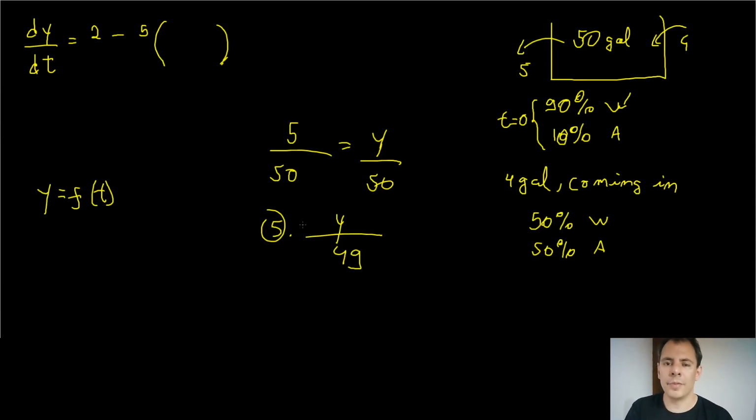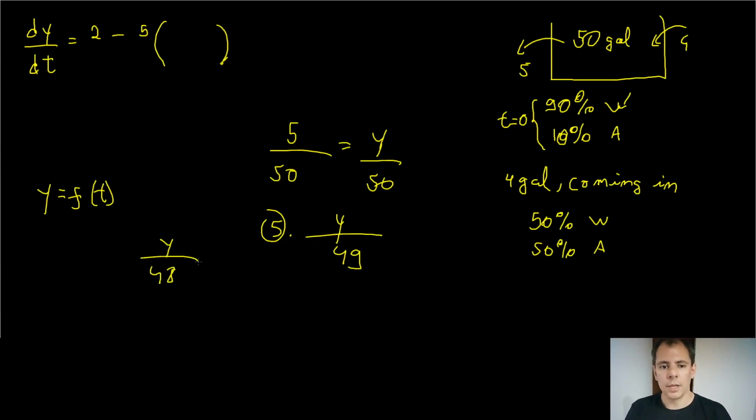What about after the first minute? Then you have the amount of alcohol divided by 49 because you no longer have 50 gallons in here. Remember that the net is actually a loss. You're losing 1 gallon per minute because 4 come in and 5 go out. So what about after 2 minutes? After 2 minutes, what is the percentage of alcohol? It's the amount of alcohol that you're going to have after 2 minutes divided by 48.